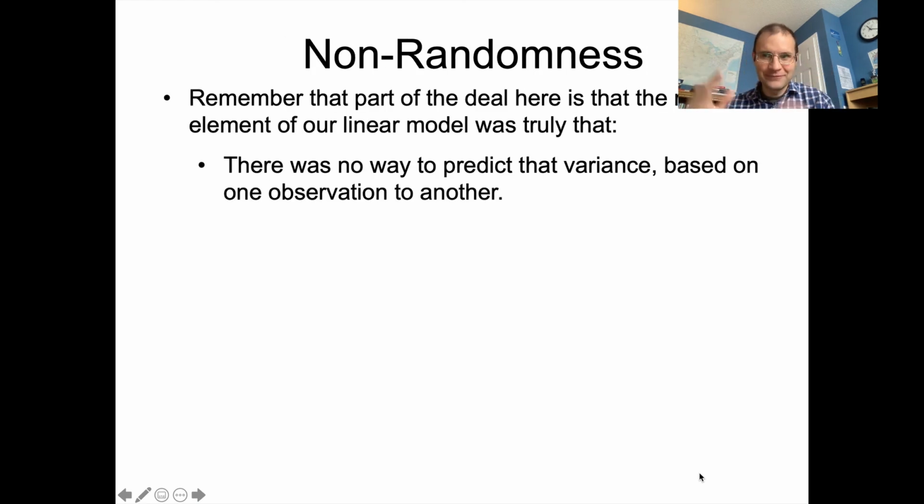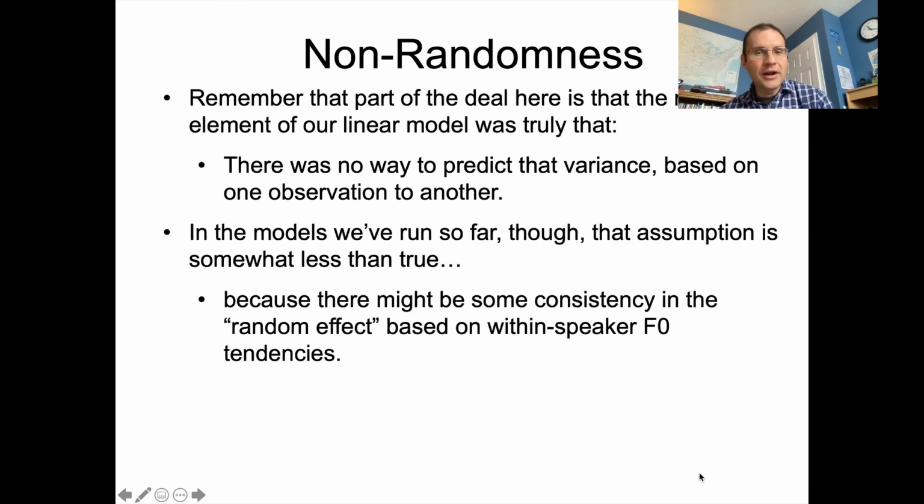So what we're going to try to do is deal with that before it becomes a problem. So part of the deal here is that the random element of our linear model was supposed to be that, in theory. There was supposed to be no way to predict that variance based on one observation to another. But in the models we've run so far, that assumption is not always completely true, because there might be some consistency in the random effect based on within speaker F0 tendencies.